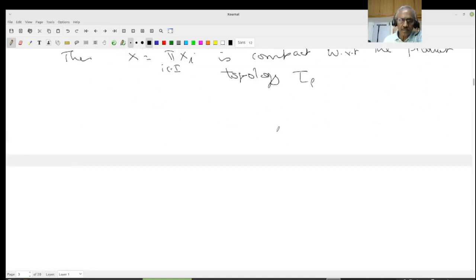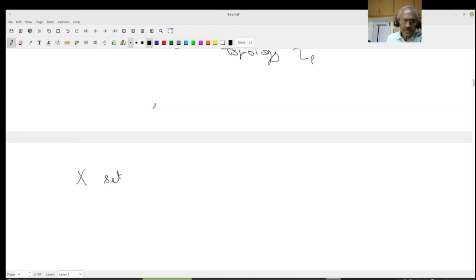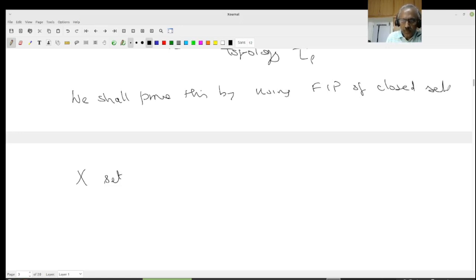Now, what is the plan? The plan is very simple. Let X be any set. We shall prove this by using the finite intersection property of closed sets. So let us recall what it says.